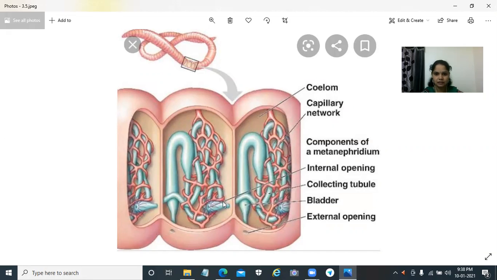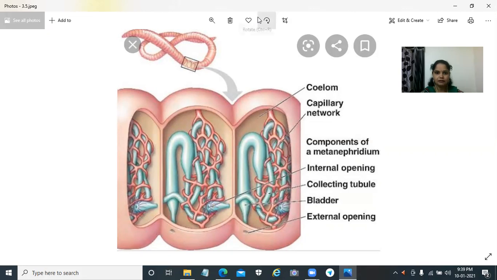Look at this, it's an unbranched and coiled structure attached to the body wall. That's the nephrostome, and the excretory substance is eliminated through the body pore, the external body pore called the nephridiopore.